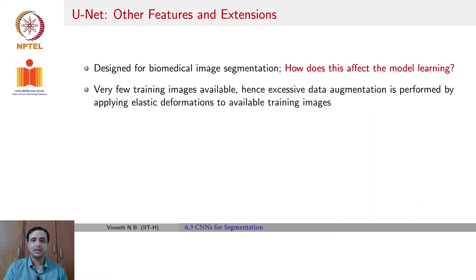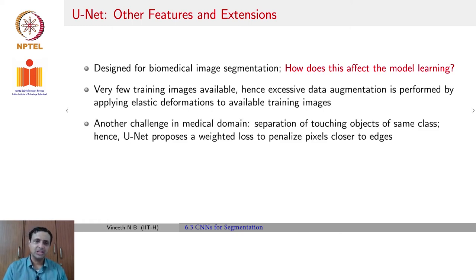So this particular work employed excessive data augmentation by applying elastic deformations to available training images, which was one of the contributions. Another challenge in the medical domain is there could be many objects of the same class touching each other, because there could be objects which are similar to each other placed next to each other.